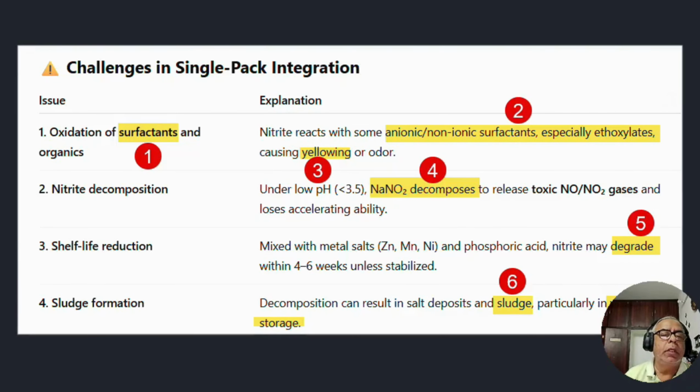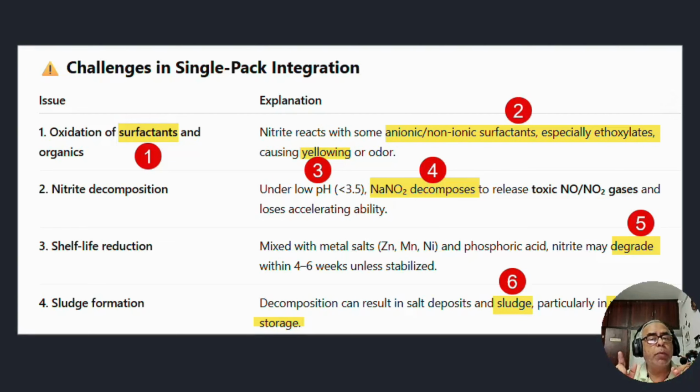Thirdly, the reduction of shelf life. For instance, when nitrite is mixed with metal salts like zinc, manganese, nickel, especially in a tri-cation phosphating system where you have zinc, manganese, and nickel cations, and with phosphoric acid, nitrite will definitely degrade within 4 to 6 weeks unless stabilized.